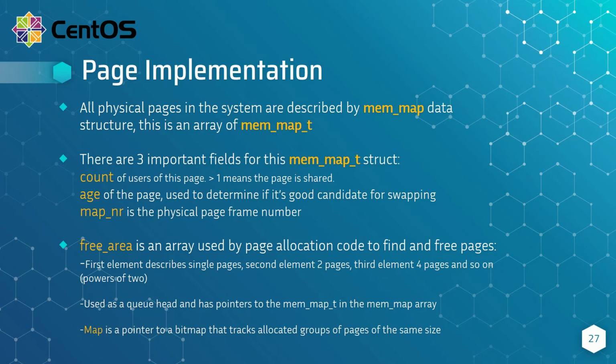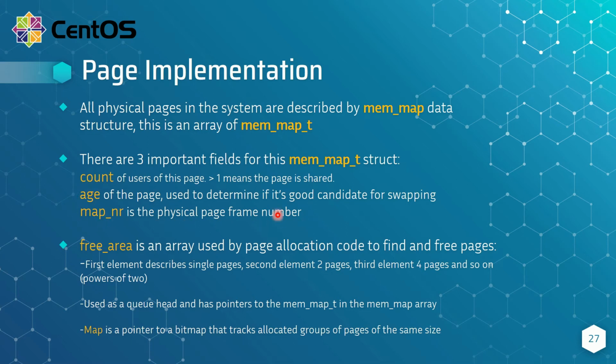We'll talk about page implementation and how that's done. All physical pages in the system are described by a data structure called mem_map, and this is an array of mem_map_t. mem_map_t can be thought of as a structure that holds the count, age, and the physical page number.